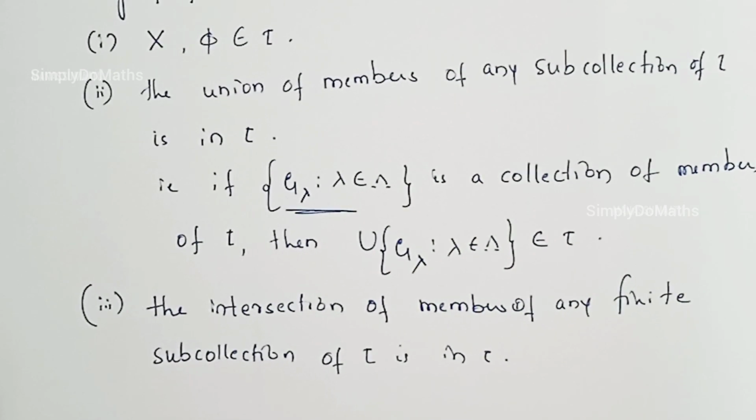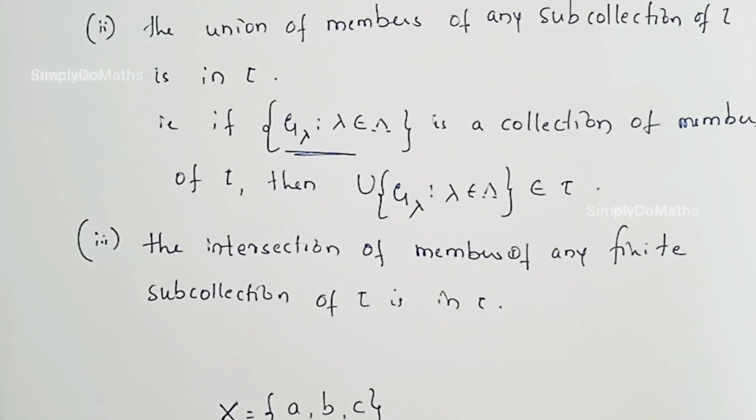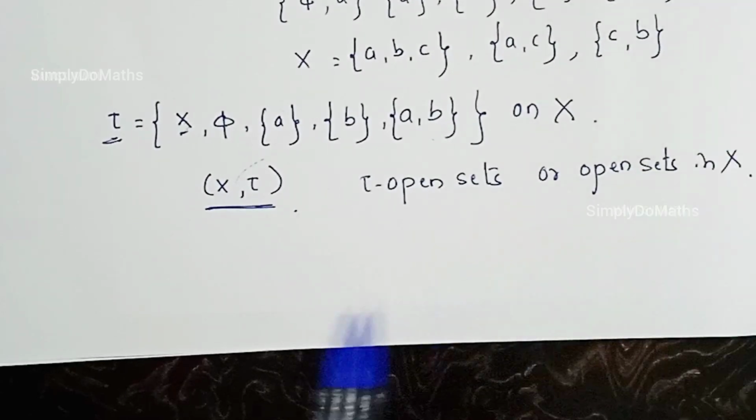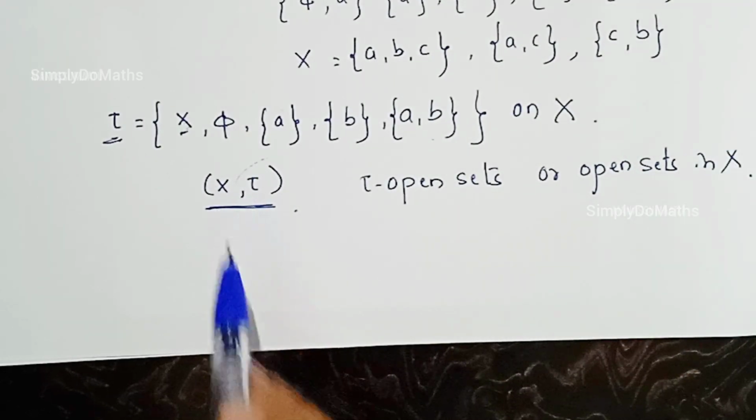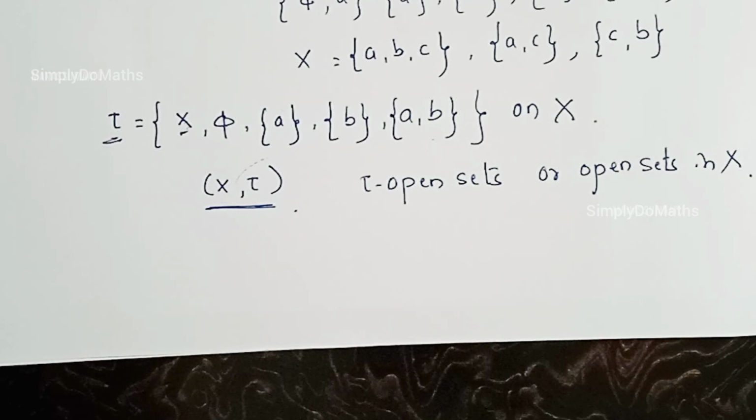A topological space is not just a set capital X. It is a pair X comma tau. That's why we say X comma tau is an ordered pair, which is a topological space. And here tau is a topology derived by capital X, or topology defined on capital X.